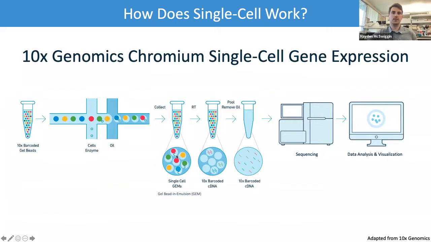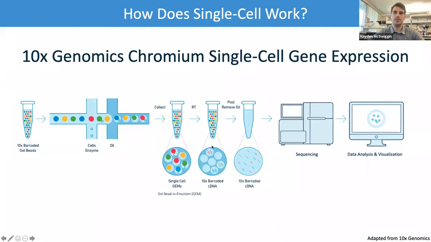After you get a single cell and a gel bead into an individual gem, your cell will lyse and release RNA, and you can use a reverse transcriptase enzyme to do reverse transcription.